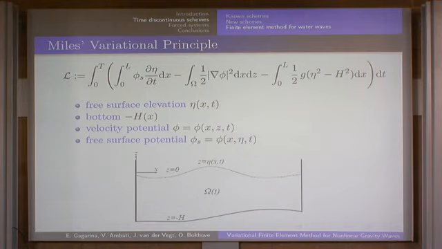As has been discussed many times, you see Miles' variational principle with the kinetic energy and the potential energy. I call it the free surface elevation. The velocity potential is called phi, and the velocity potential at the free surface is phi s. Our domain omega varies in time, following the movement of the free surface.